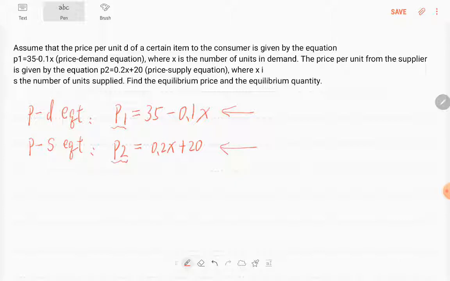They have the same price, and this x is the same x as here. So now if P1 equals P2, then we have 35 minus 0.1x, which is the P1 price at this quantity, equal to 0.2x plus 20.